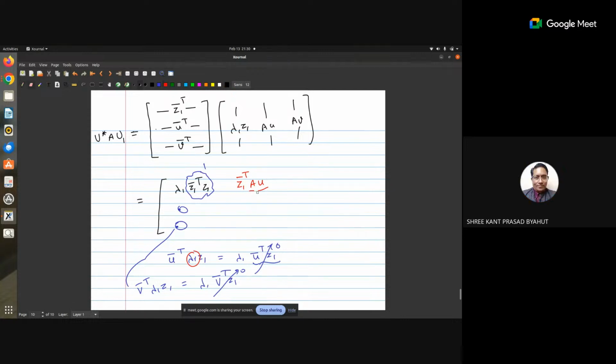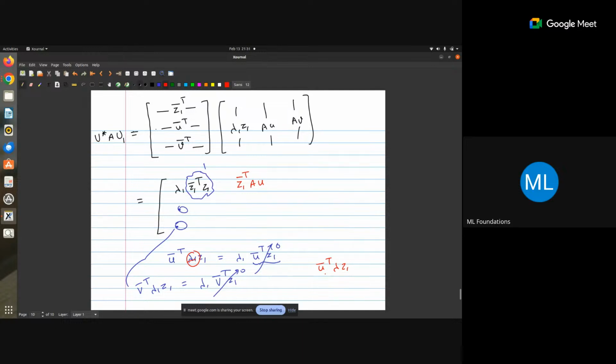So there will be some quantity available. Here, lambda 1 is constant, so we can take it out as lambda 1 U transpose, or multiply it into that vector; it doesn't make any difference. If I multiply any constant with a vector, its length either increases or shrinks, but it will be the same vector.